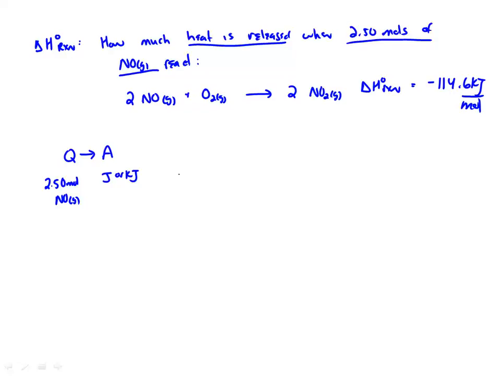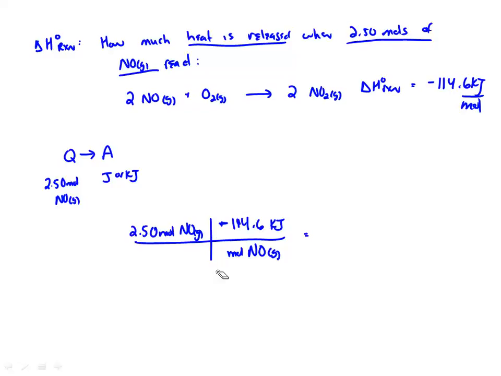And so what we can realize is that delta H values are really just conversion factors between moles and energy. So we know that 2 moles of NO produce minus 114.6 kilojoules. I'm sorry, kilojoules per mole. There we go. And so it's 2.5 times 114.6 kilojoules per 2 moles.